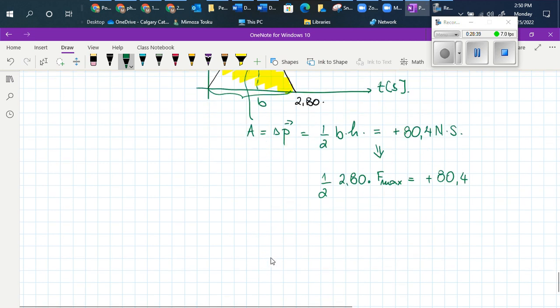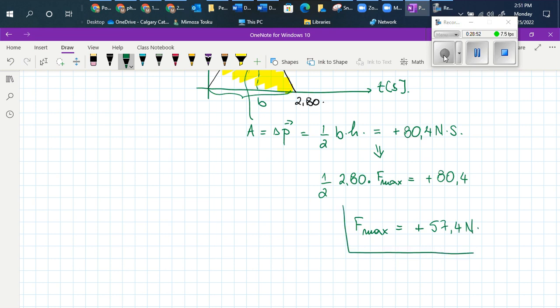And from here, we can find that F max is equal to positive 57.4 newtons. And even if you work with the units, you will find the units of newton left here. Okay, make sense?